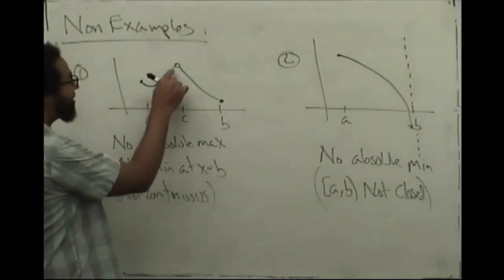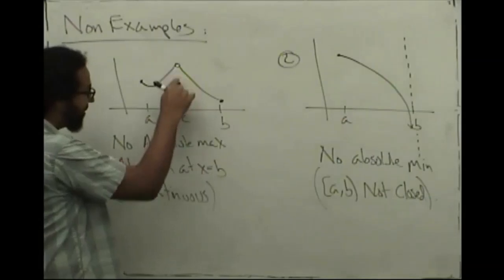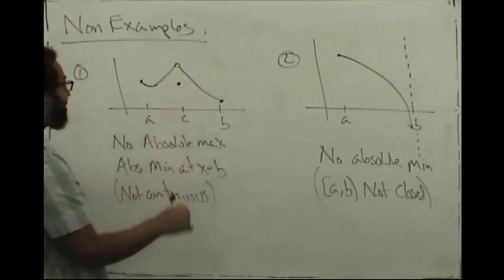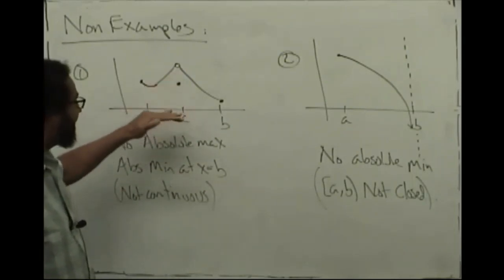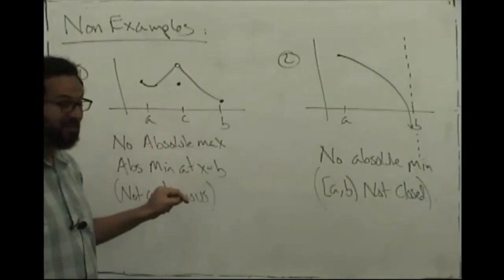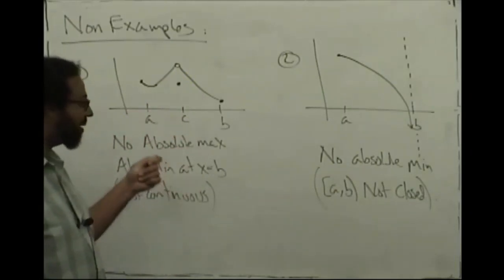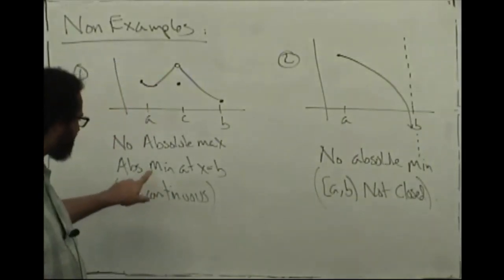We can always get a little bit higher and higher, and then as soon as we reach c, bam, the thing jumps down to a lower point. So there's no absolute maximum anywhere on this graph. That's why we need continuity to guarantee both an absolute max and an absolute min.